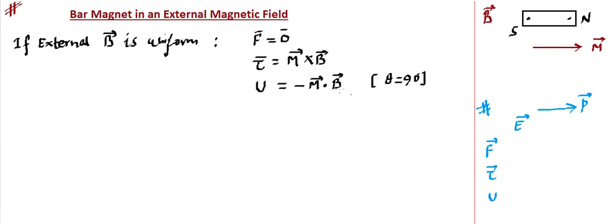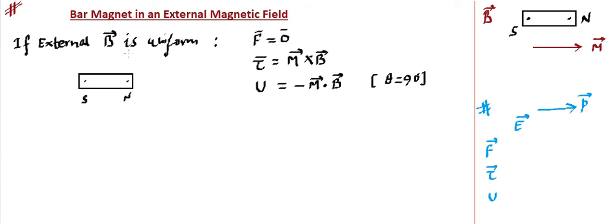Right? What this is trying to say is basically this. So let me draw a picture as well just to support it. So let's say this is a bar magnet, and in this bar magnet there are going to be poles, we know that. So that's basically a dipole, and some field is existing.